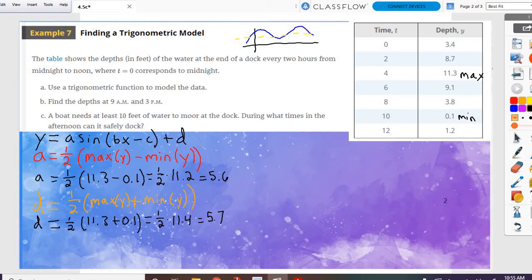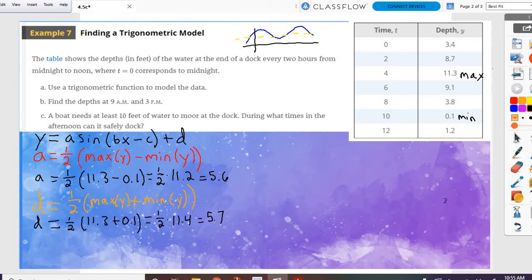All right, so our next value that we're going to look for is our B value. Now remember that our B value is dependent upon our period. So we're going to look for our period of our graph.